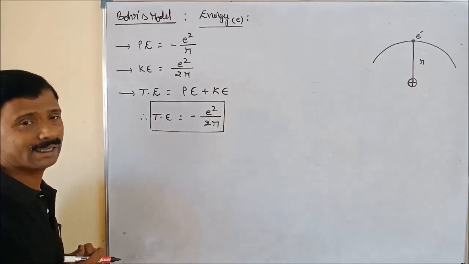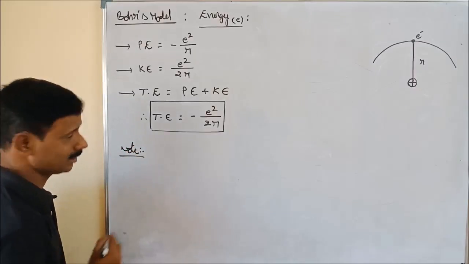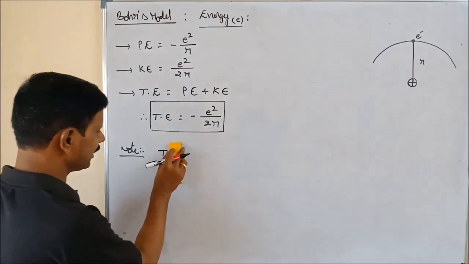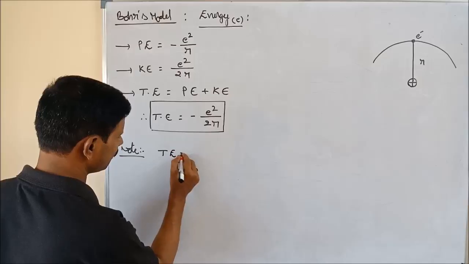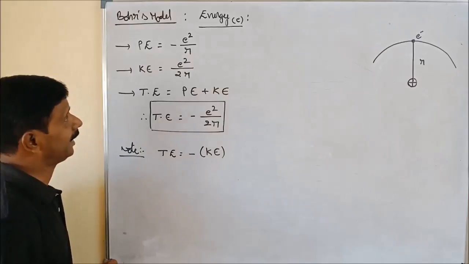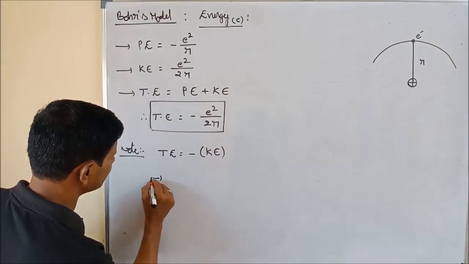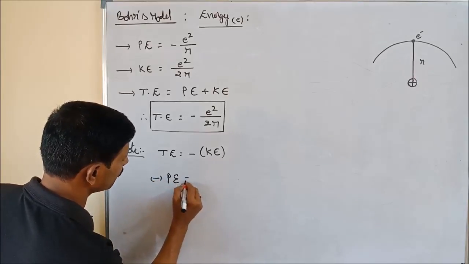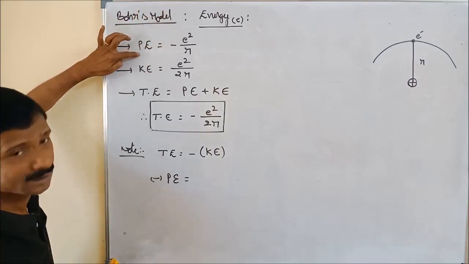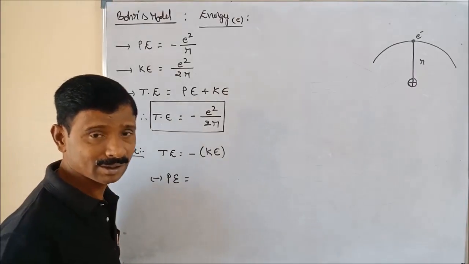Now, if you observe the relations, as per the three formulas, total energy is nothing but minus kinetic energy. Total energy is nothing but minus kinetic energy. After that, potential energy has a negative sign. See the relation: e square by r is potential energy and e square by 2r is kinetic, so half of potential energy is kinetic energy.